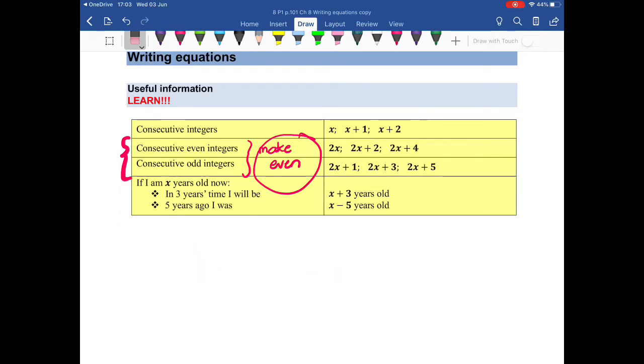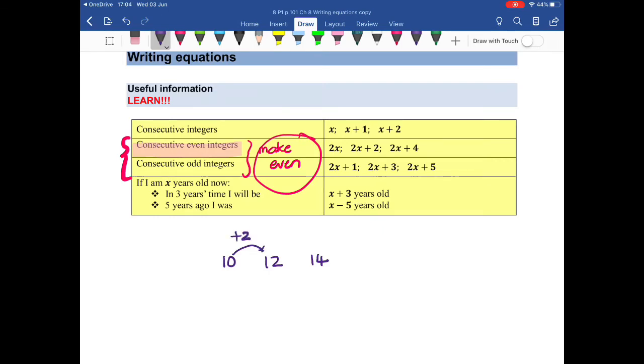Right, so let's have a look. Let's look at the even integers, consecutive even integers. So I could take the number 10, 12, 14. Those are 3 consecutive, one after the other, even numbers. So I want to know, what did I do to 10 to get 12?